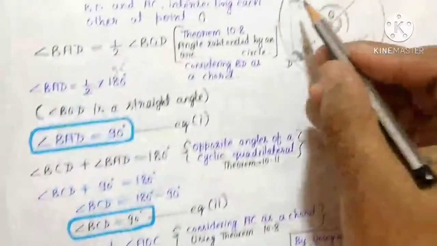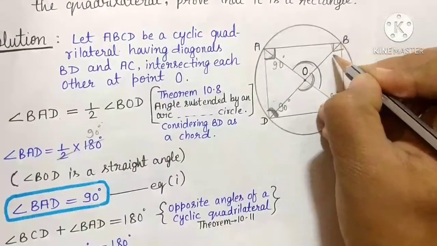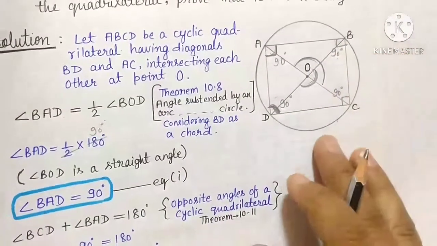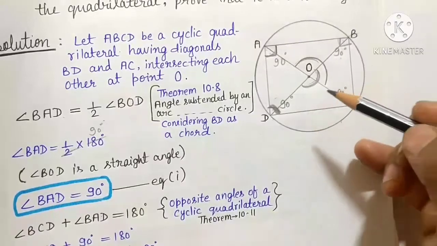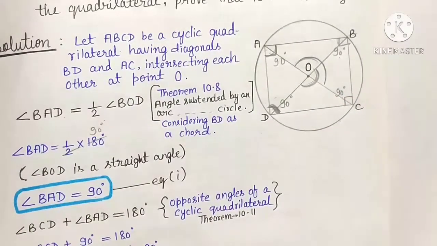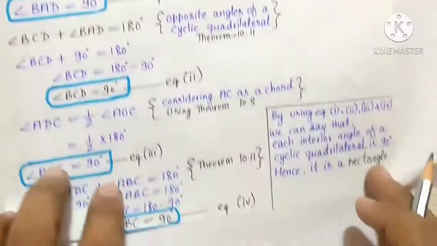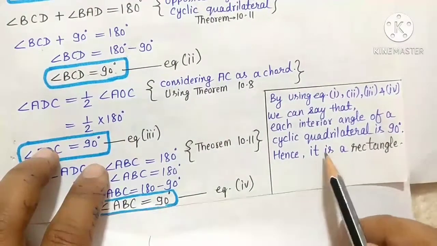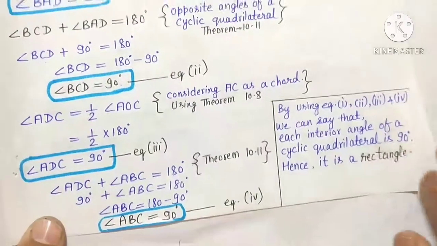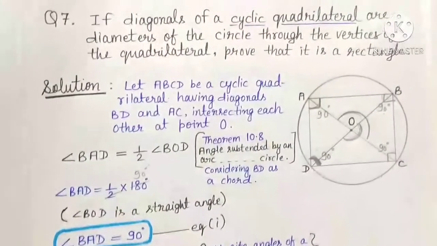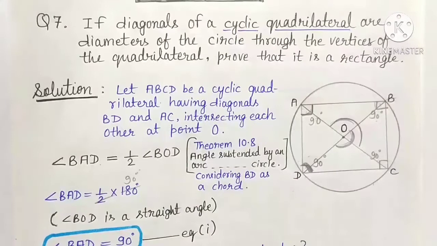We know very well that when all the angles of a quadrilateral are 90 degrees, it is a rectangle. Therefore we can say that this cyclic quadrilateral is a rectangle. In this way we have done question number 7. Now move to question number 8.